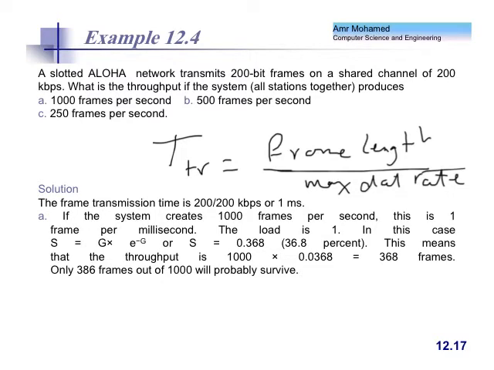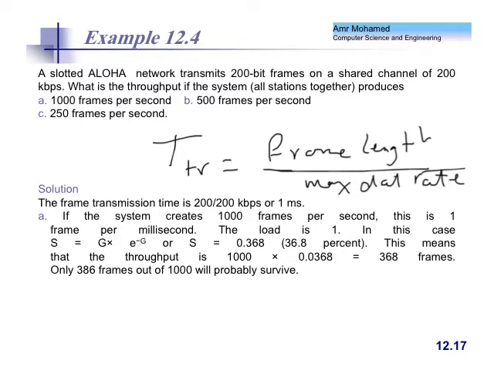The rest, statistically speaking, will be wasted through collision. So only 368 frames will likely survive. And remember that for G equal 1, this is the maximum throughput.